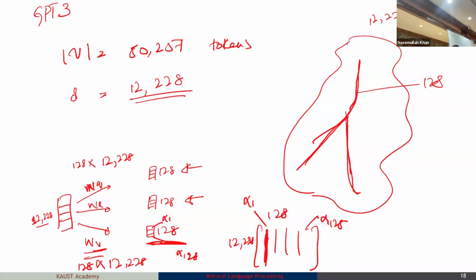So I took a 12,228 dimensional vector and I created 4 things out of it. Well, 3 vectors and 1 matrix. So I create a query vector which is 128 dimensional, a key vector which is 128 dimensional, and a value vector which is 128 dimensional. And then I collected a matrix of 128 times 12,228 dimensions. So these are 128 vectors. Each one of them is of the full dimension of an embedding, and it would take the changes in value and convert it into a corresponding change in the space of the embedding.